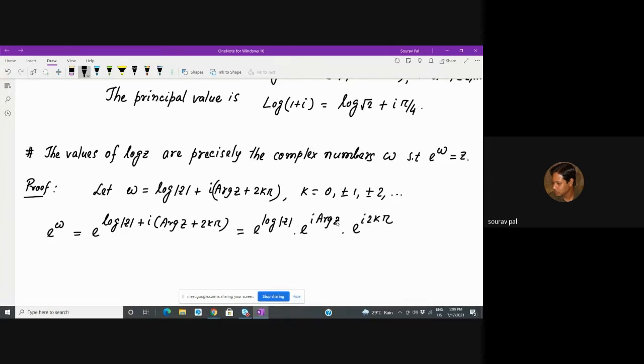The values are distributed this way. What is this quantity? This is the real logarithm, so this is precisely mod z, from what we know of the real logarithm.